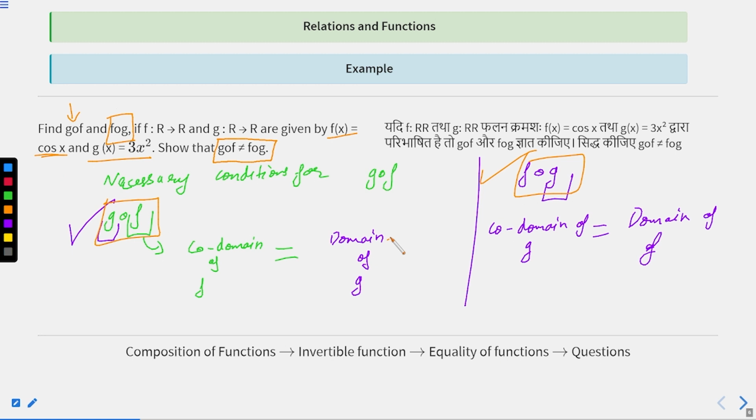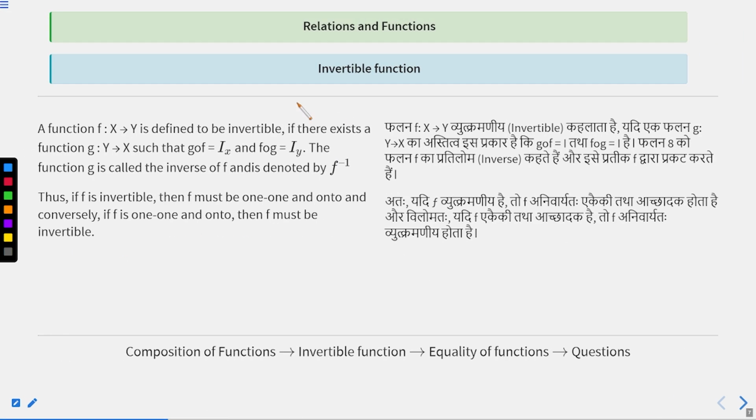So here now we will see the invertible function. What do we mean by that?